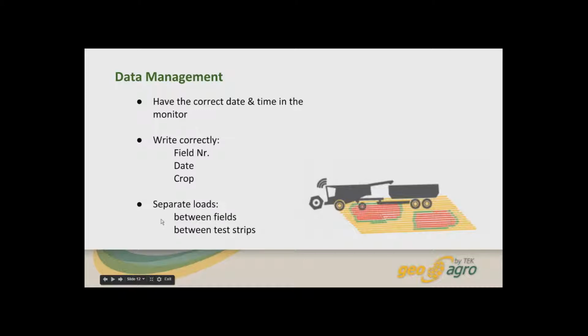And then try to separate loads between fields or between test strips, because that's what allows you to measure each of these units, a field unit or a test strip unit, individually. We know it's sometimes not the priority, but it's very, very important to be able to analyze the data later.